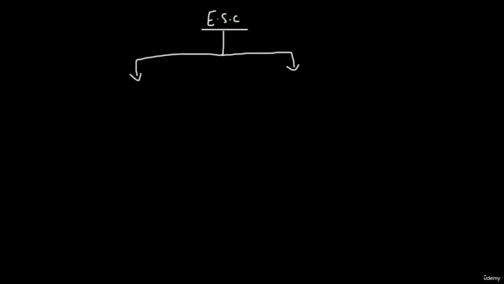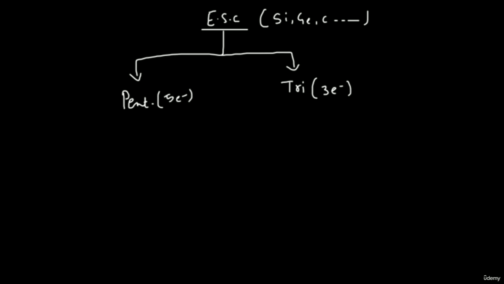Now you can dope it in two ways. What is a semiconductor? Like silicon, germanium, or carbon, or something like that. So what do you dope with? You can dope it with pentavalent or trivalent. Trivalent means in the last shell there are 3 electrons, pentavalent means in the last shell there are 5 electrons. So there is something interesting that is going to happen.